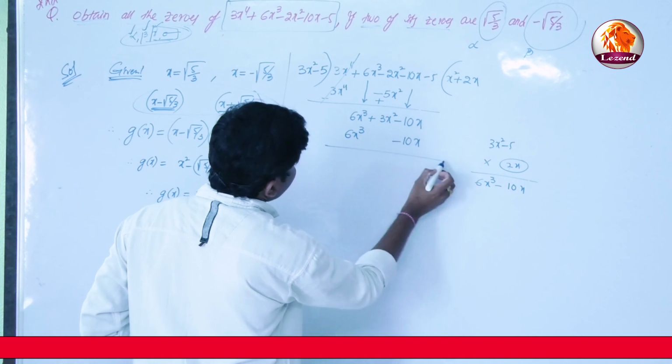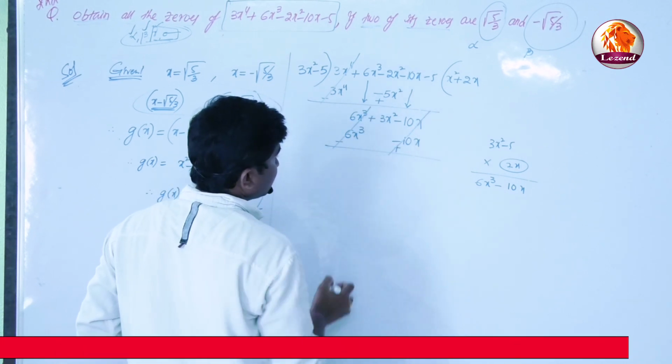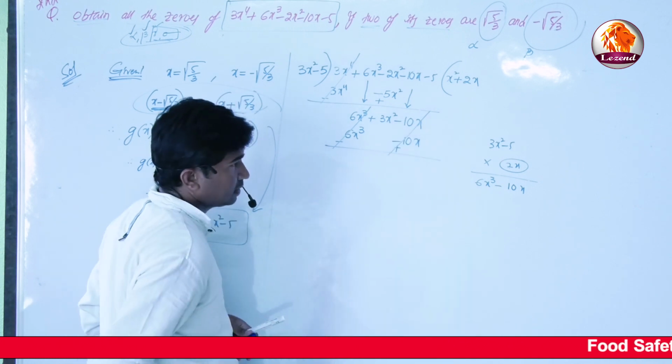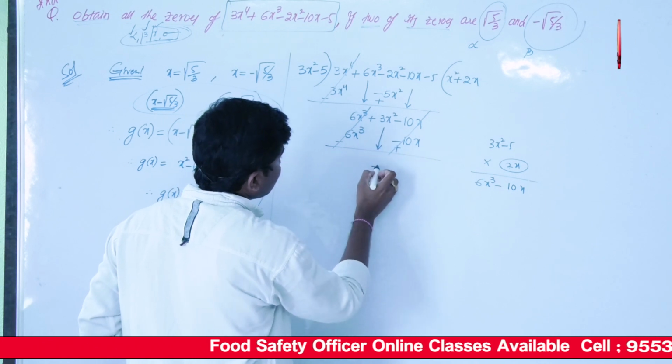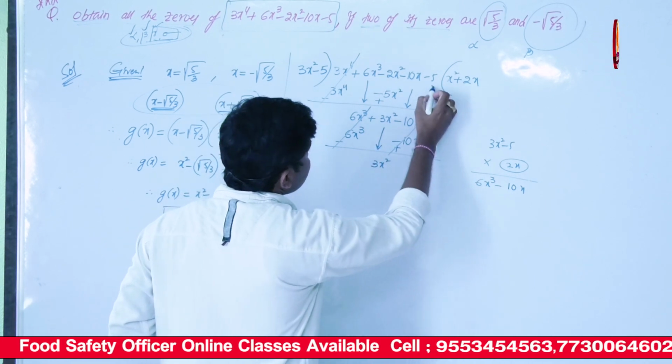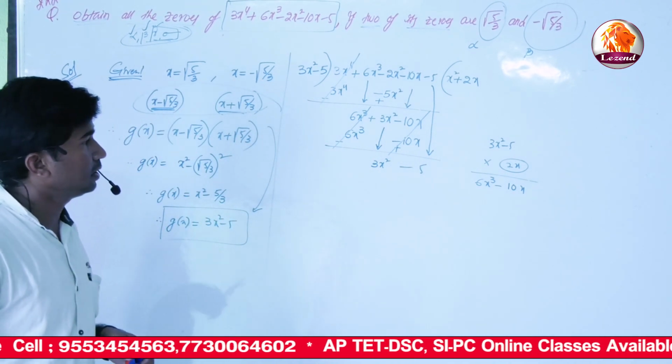Now change the sign: minus 10x plus 10x cancels, and 6x cube minus 6x cube cancels. The remaining is 3x square, and the last term is minus 5, the constant term.